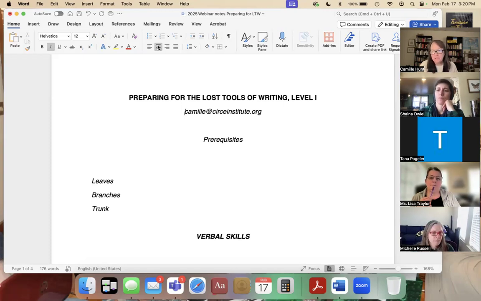But the skills that are in Lost Tools, the Lost Tools of thinking, Lost Tools of reading, Lost Tools of writing, all these thinking skills that are in this program are foundational for everything. So Lost Tools is the trunk of the tree of learning.